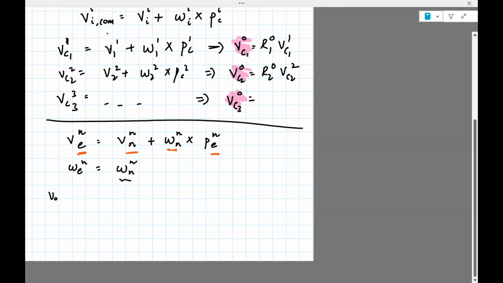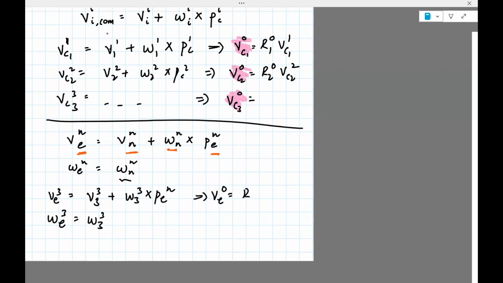VE would be in frame 3, and omega E3 would be omega 3,3. And then to compute V in frame 0, you take R30, because the third is the last frame. Omega E in frame 0 would be R30 omega E3.